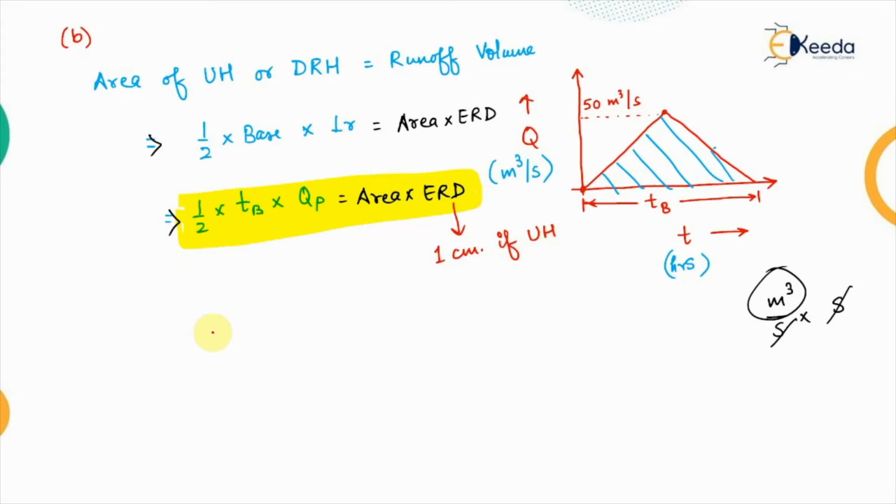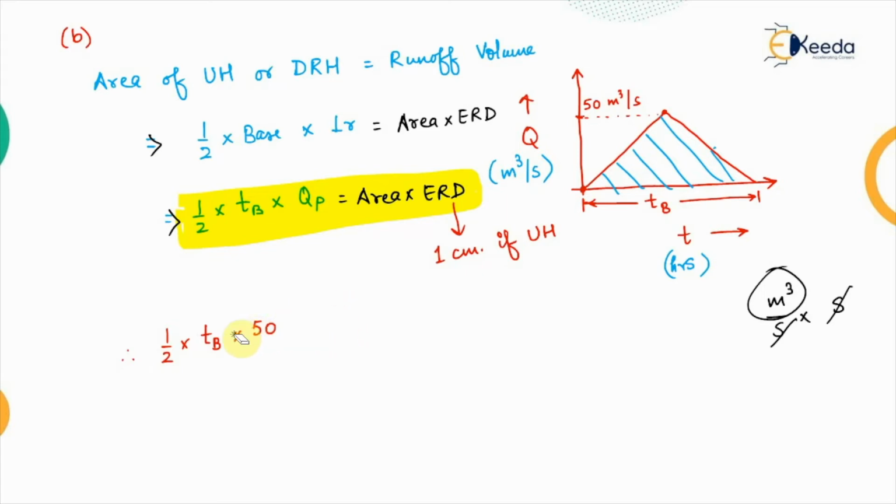Now coming back to the problem that we are having. So the peak discharge we already know, that is 50 cubic meter per second. Therefore, this will be half into the base time that we have to calculate, into the discharge of 50 cubic meter per second. That is for the unit hydrograph.